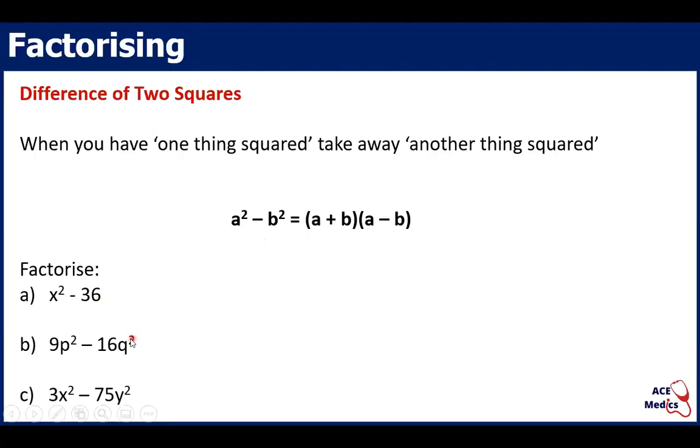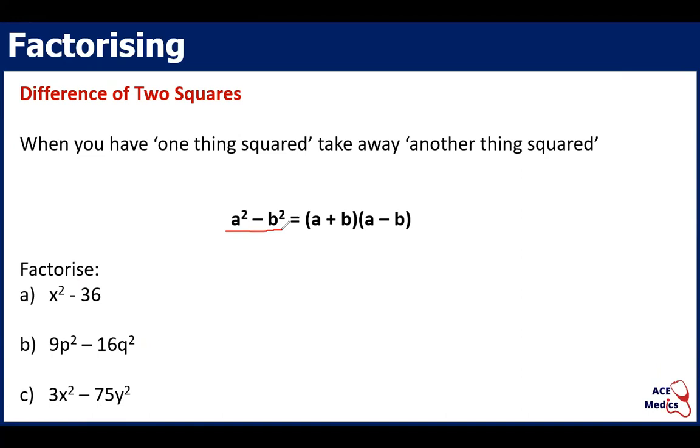But it's essentially one thing squared, take away another thing squared. Okay? We need to be able to show it factorized and expanded as well. So when it's in its brackets, it's going to be a plus b, brackets, a minus b. And that's how it applies to everything.